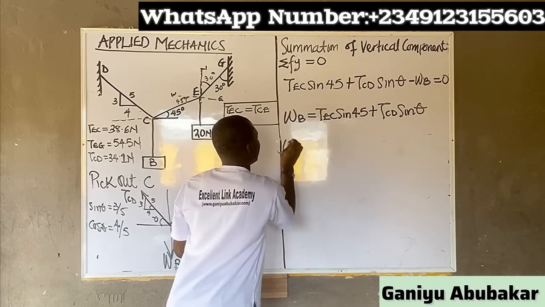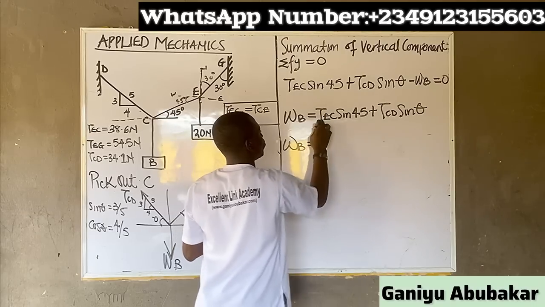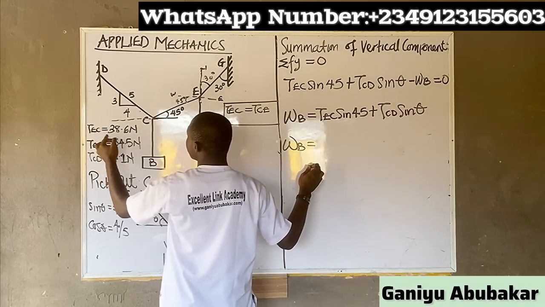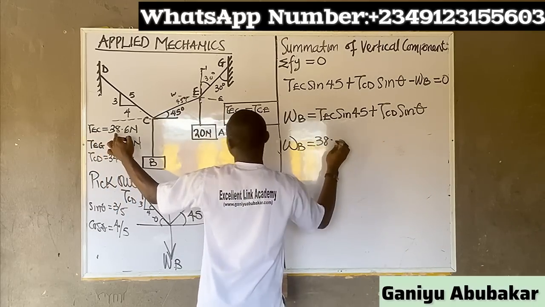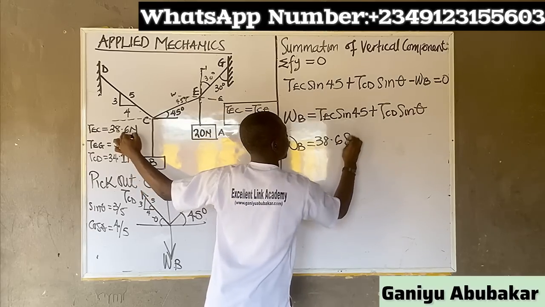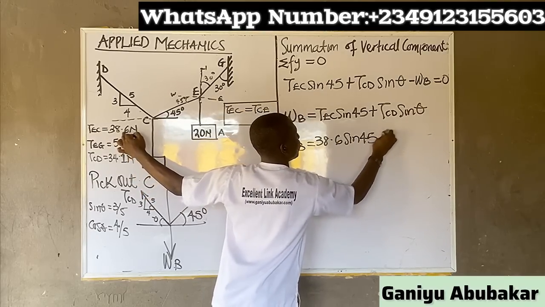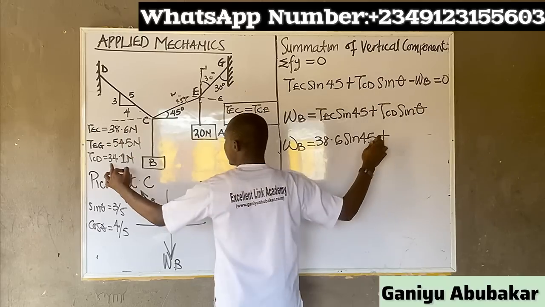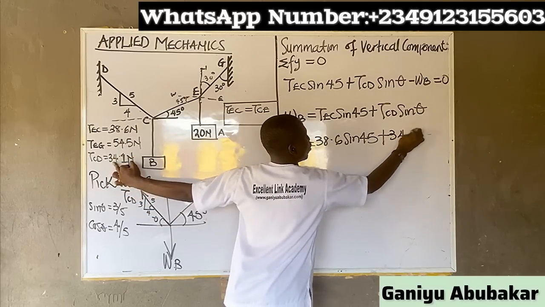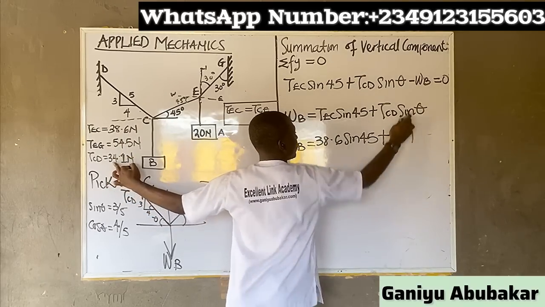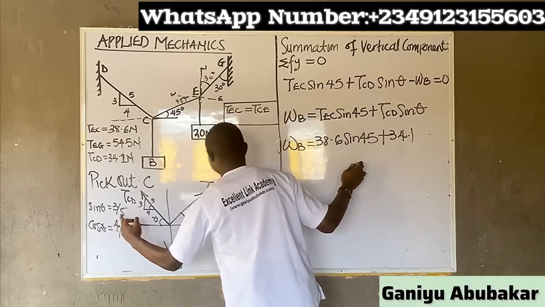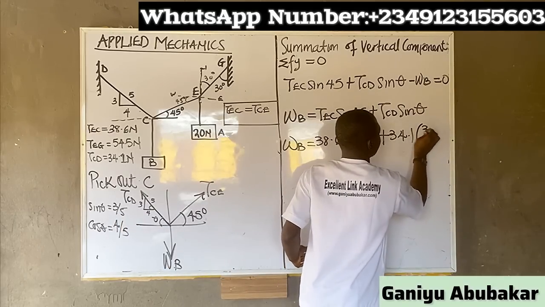WB equals TEC, that's 38.6 sine 45, plus TCD, that's 34.1, then sine theta. Sine theta is 3 over 5.